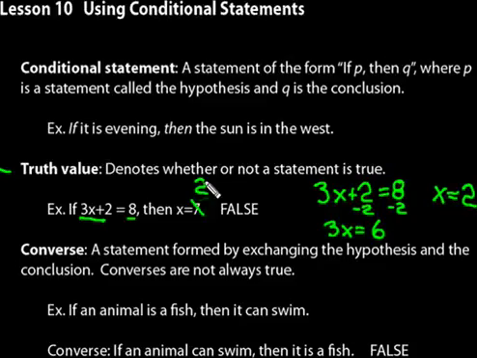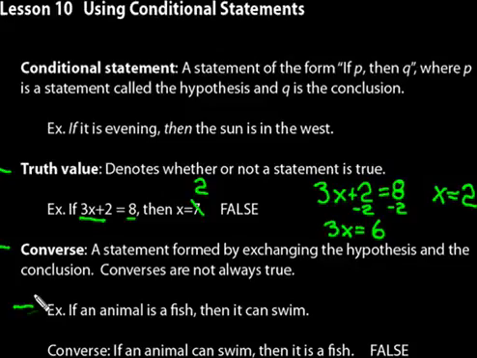Now, something else we've also talked about is converse statements, and that's a statement formed by exchanging the hypothesis and the conclusion. I've showed you that in some of the different theorems. They are converses of each other, like theorem 6-5 and 6-6. So here's an example of another one. If an animal is a fish, then it can swim. The converse of that, we exchange the hypothesis and the conclusion.